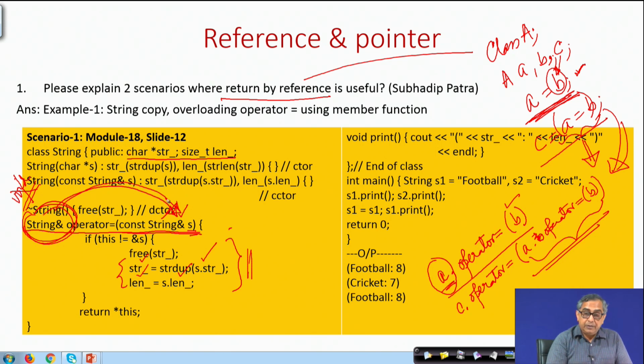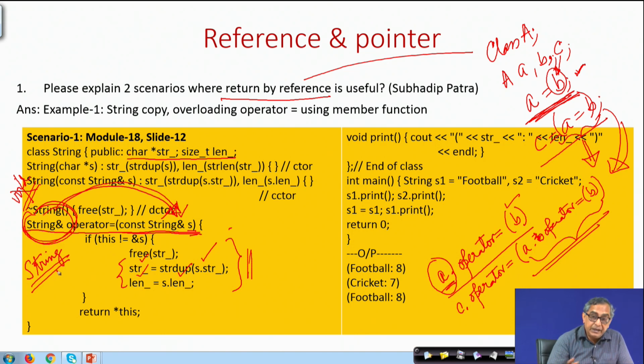Now, coming to the original question, what if it is not returned by reference, but it is returned by value? That is, instead of being string ampersand, if it is just string, then what will happen? Since it is returning by value, it will have to again, like when you do a call by value, the copy constructor is invoked and a copy is made and that temporary copy goes in here.